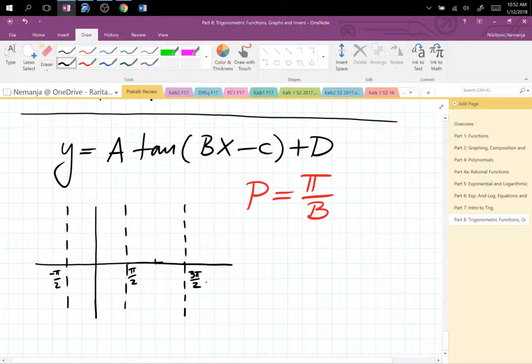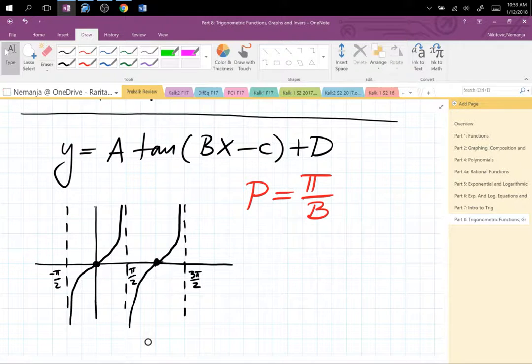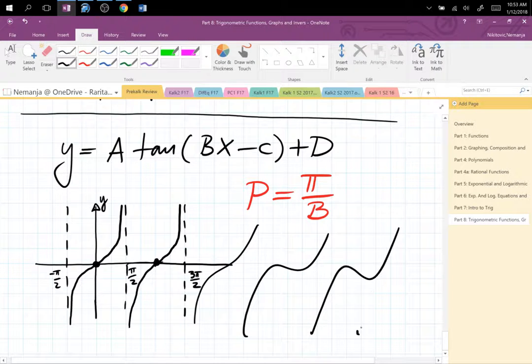And the tangent is going to be like an x cubed function, going to look like that, going through this middle point. The midpoint is going to be an important point for us. And you see the principal tangent period, because again you're going to have this going infinitely.